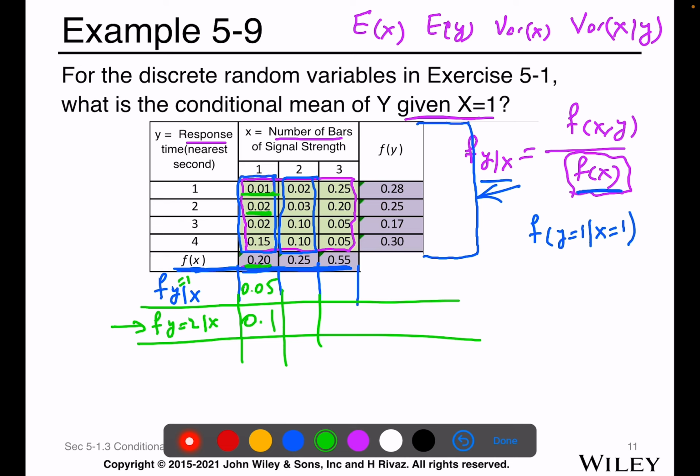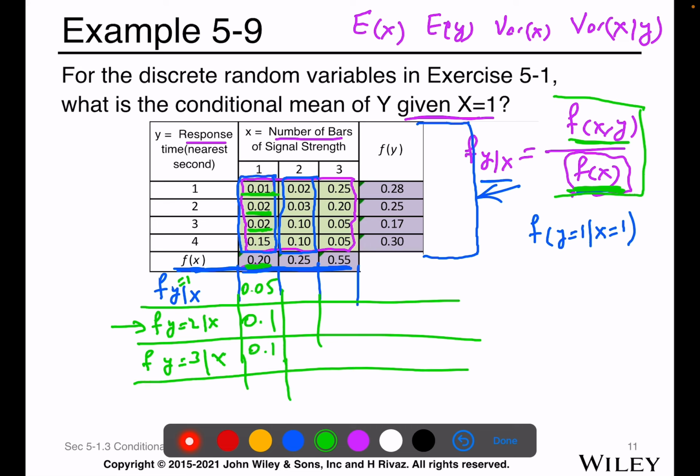So basically, I'm using this equation, dividing the joint by the marginal. Now the next one, f of y equal to 3 given x. For that, I divide this by 0.2. It's the same answer, 0.1. And then f of y equal to 4 given x is 0.15 divided by 0.2.